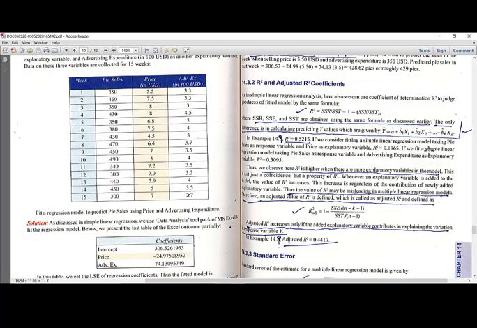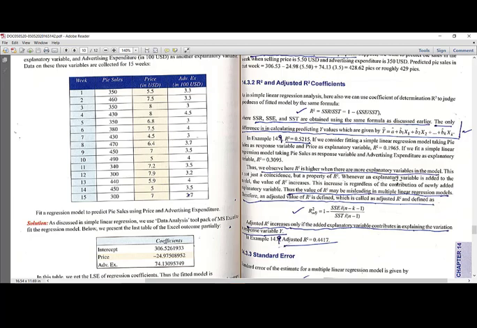If we fit a simple linear regression model with advertising expenditure as the only explanatory variable, then R square is 0.3095. What we observe here is that R square is higher when there are more explanatory variables in the model. This is not just a coincidence, but a property of R square.